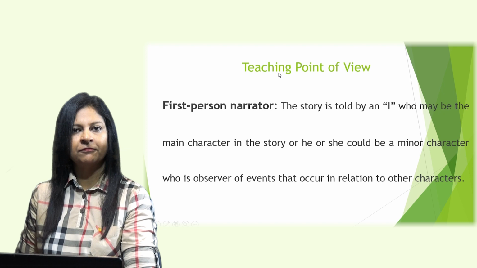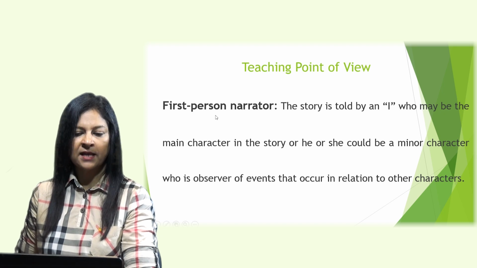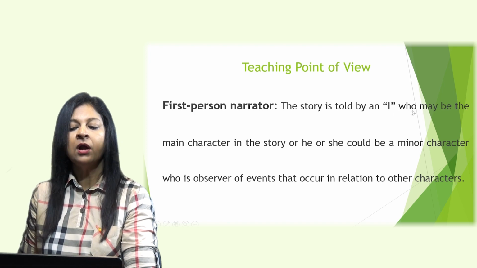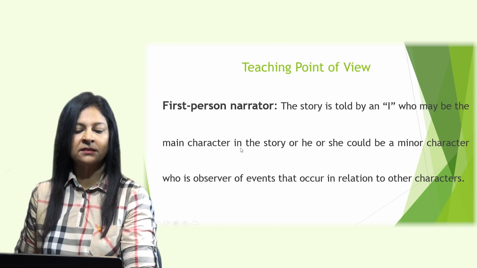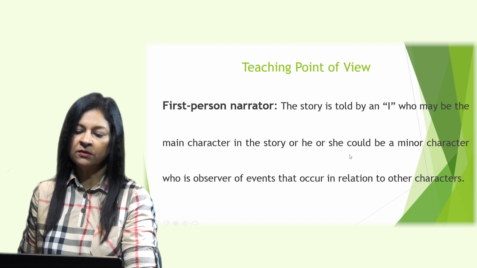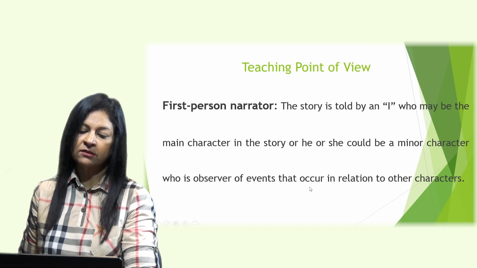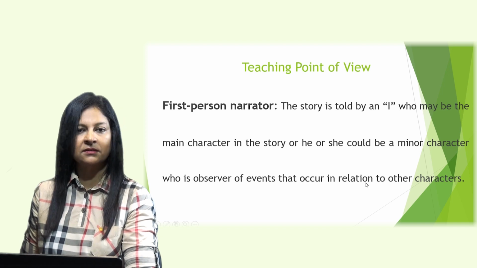Teaching point of view. First person narrator: the story is told by an I, who may be the main character in the story, or he or she could be a minor character who is an observer of events that occur in relation to other characters.